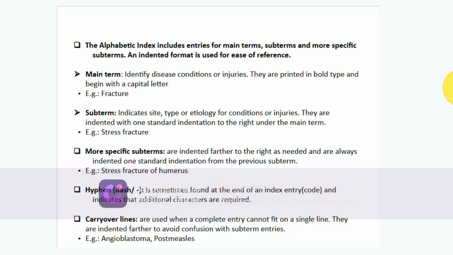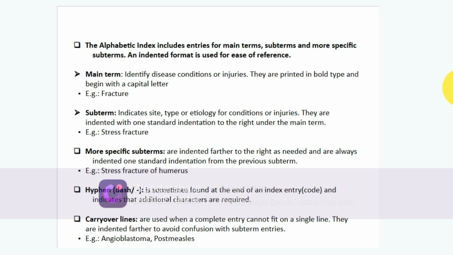More specific subterms are indented further to the right as needed, and are always indented one standard indention from the previous subterm. An example is stress fracture of the humerus, where a more specific subterm is used.